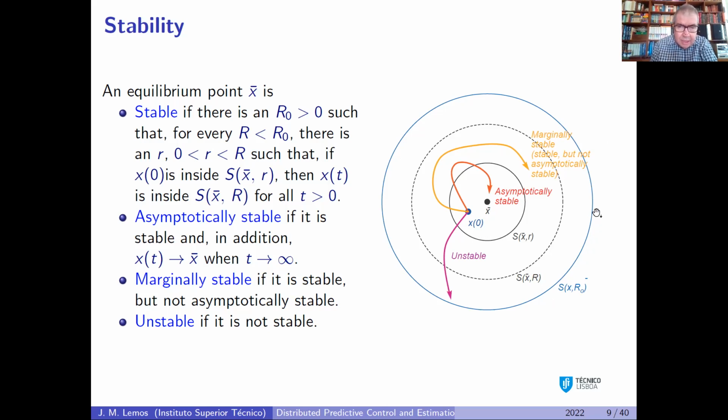So this being said, let's concentrate on the other two balls. And the definition of stability is a kind of game, okay? And what is this game? Suppose that I play a game with one of you. Let me call Tiago, okay?